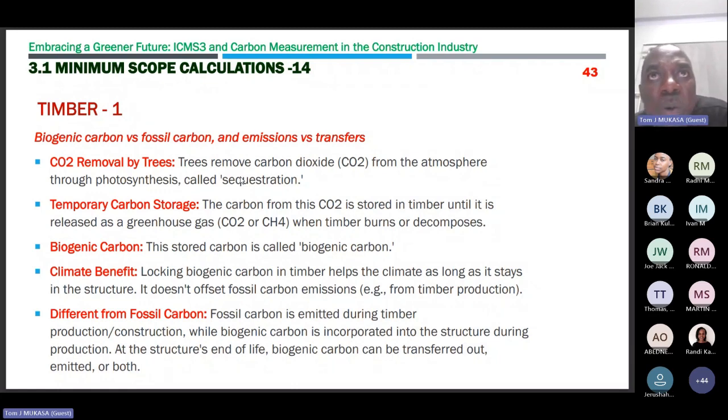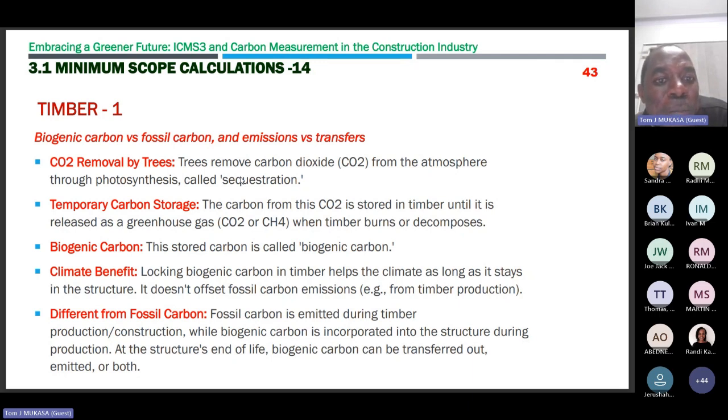Of course, we have that counter issue of people fighting against cutting trees, deforestation, but from a construction perspective and carbon discussions, timber is a good material because it stores carbon. If you use it in your construction, it has what we call biogenic carbon.